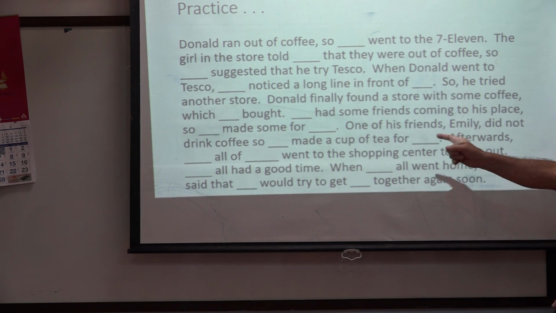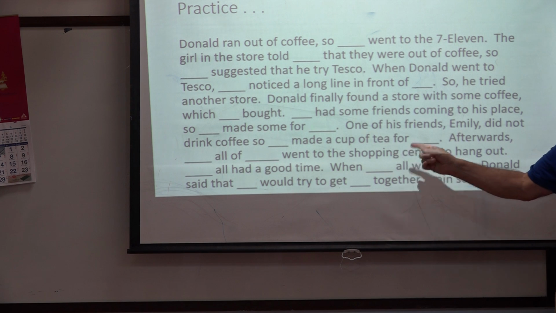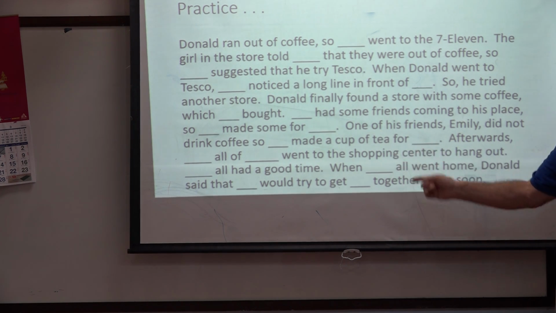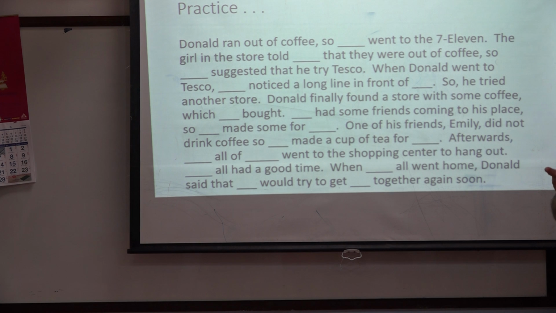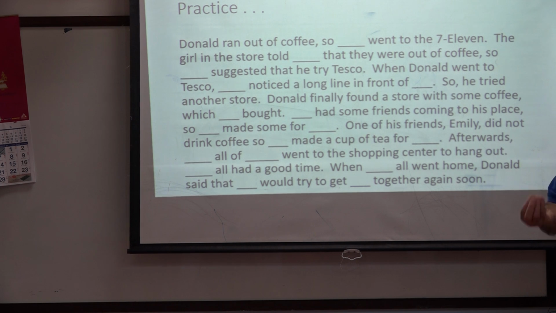Emily did not drink coffee, so he made a cup of tea for her. Correct. Because who was the tea made for? That makes Emily the object, so we would say her.